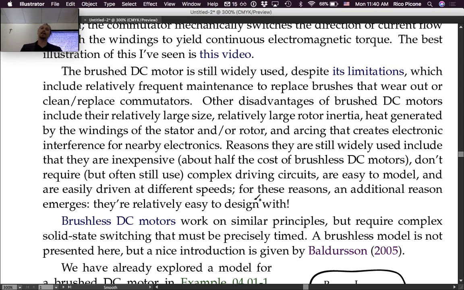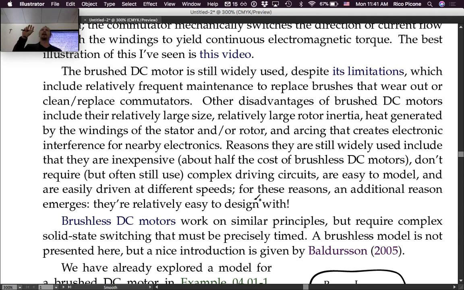Brushless DC motors work on similar principles but require complex solid-state switching that must be precisely timed. So generally the idea is that instead of having these windings move around in a rotor, you have several windings that are radially oriented in the motor, and they put out a pulsed field at a specific time when the rotor goes by, and the rotor doesn't have to have the coil on it.